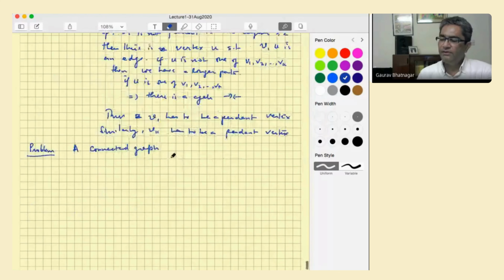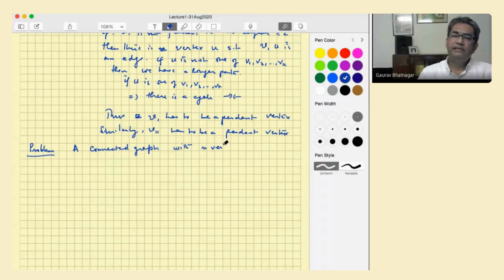There are famous theorems and so on. Right now, today, I want to do another theorem. So a connected graph with n vertices is a tree if and only if it has n minus 1 edges.